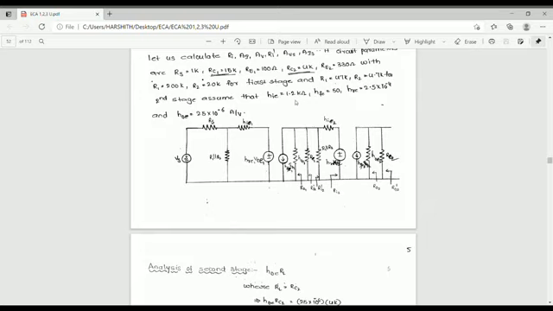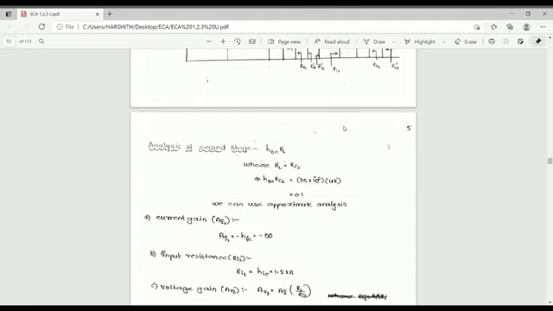Second stage input resistance is the HIE, so the value is 1.2 kilo ohms. So directly, current gain equals minus 50, and input resistance is 1.2 kilo ohms.